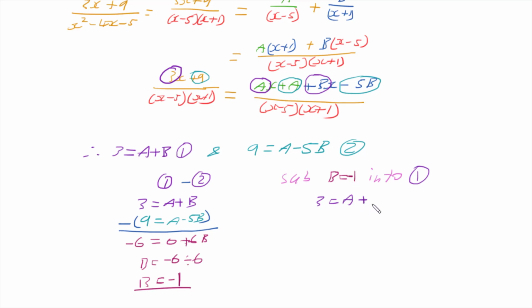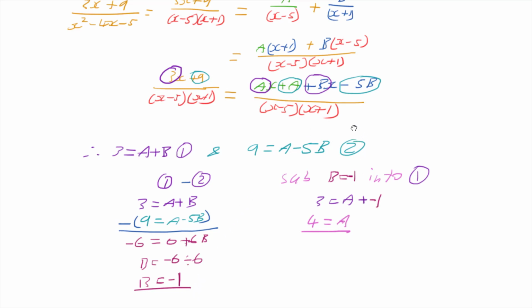So that means I'm going to have A plus negative 1. So now if I add 1 to both sides, that means that I'm going to have 4 is going to be A. So now I know that A is 4 and B is negative 1.